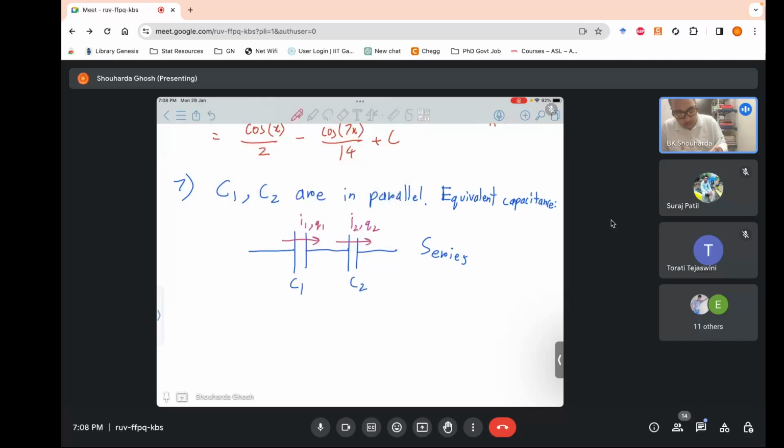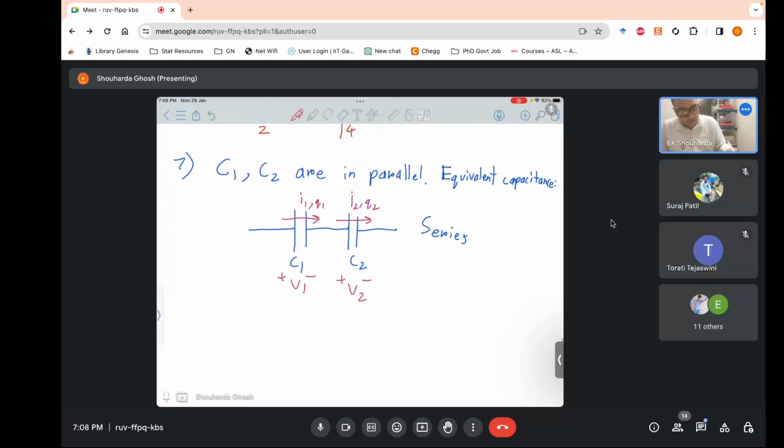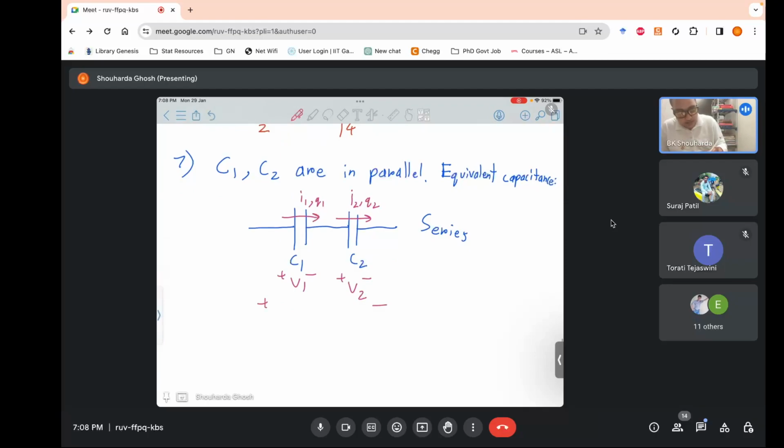Now let us denote the voltage across these as V1 and V2, and the equivalent voltage across this as V. What is the relationship that we will be using? The current through a capacitor is the capacitance times the derivative of the voltage.